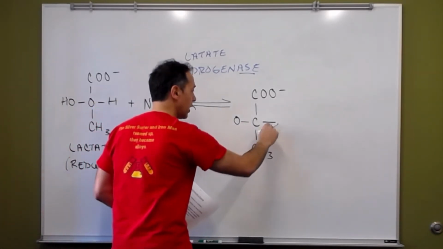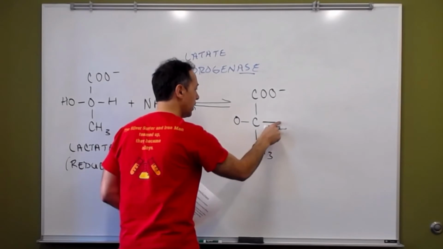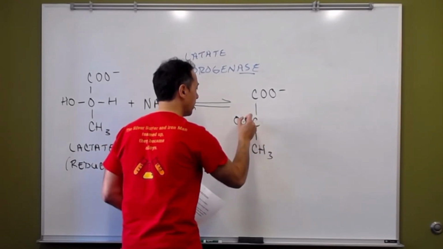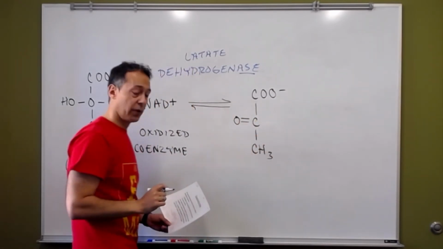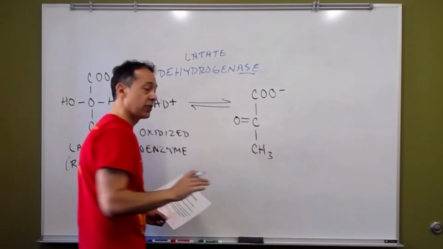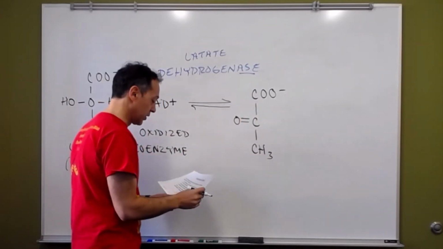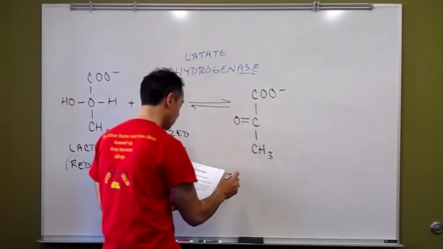Then this bond will come around to this side and create a double bond with the oxygen. Now carbon has four covalent bonds. This new molecule is called pyruvate.